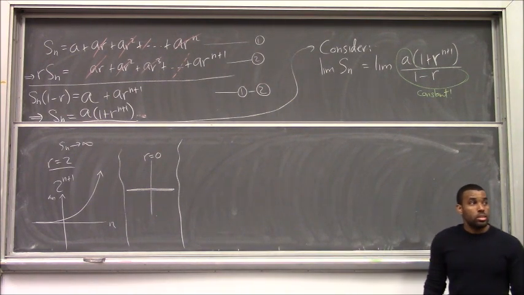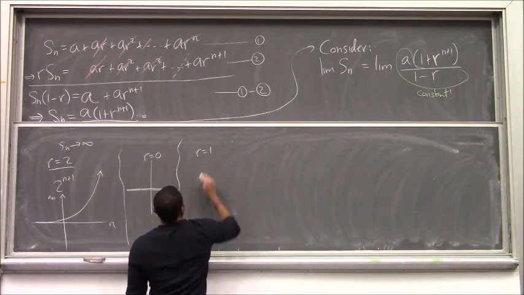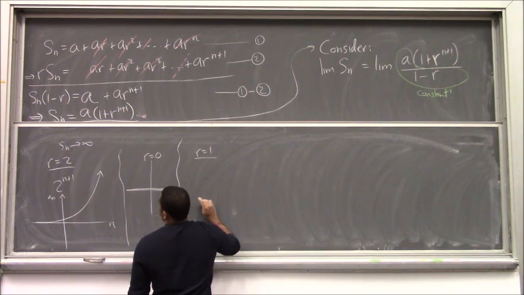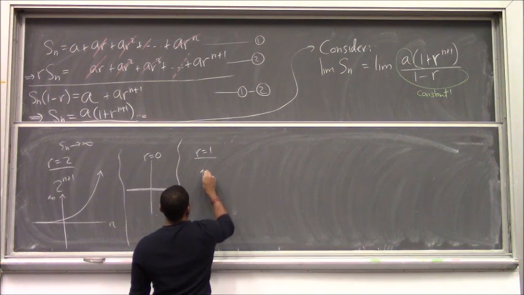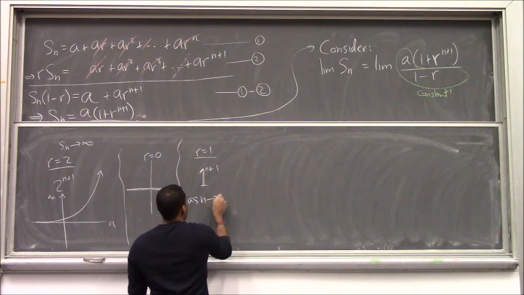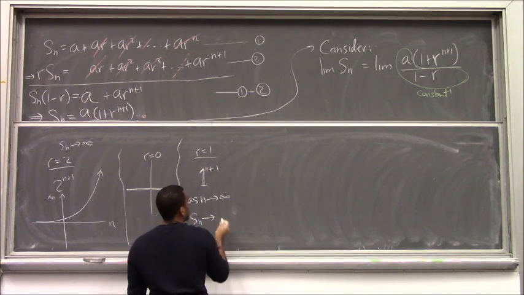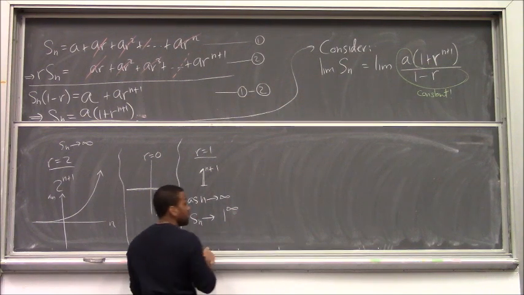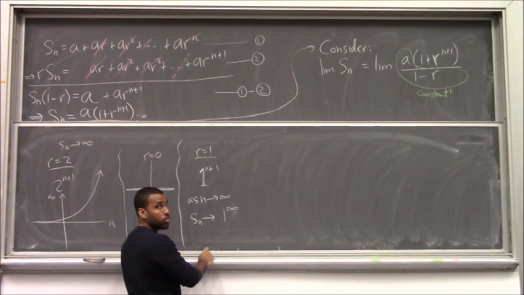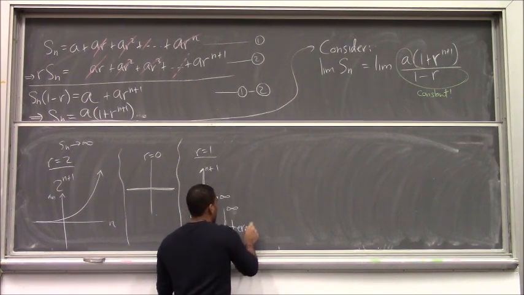Yeah, 1 also. If r is 1, then what you would have essentially is 1 to the n plus 1. Now, as n approaches infinity, part of the Sn would approach 1 to the infinity. What is 1 to the infinity? It's indeterminate, so we get gibberish if it's 1.